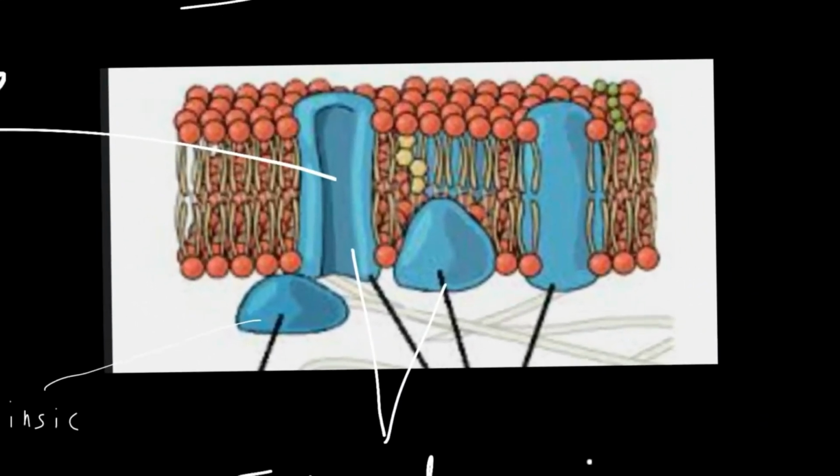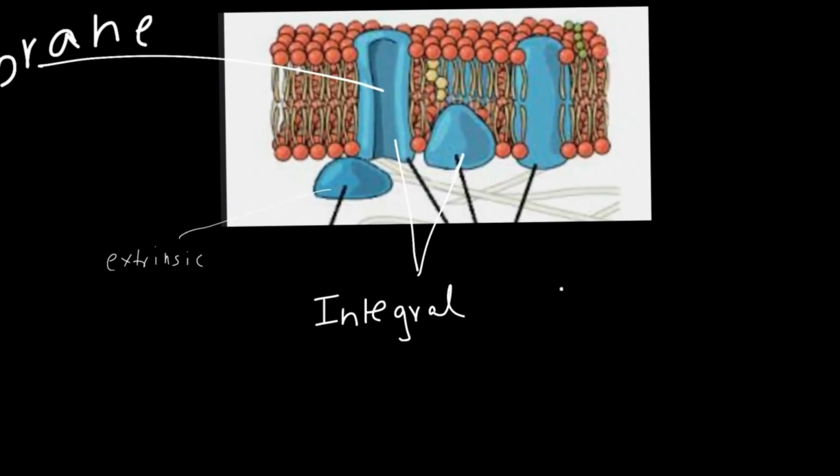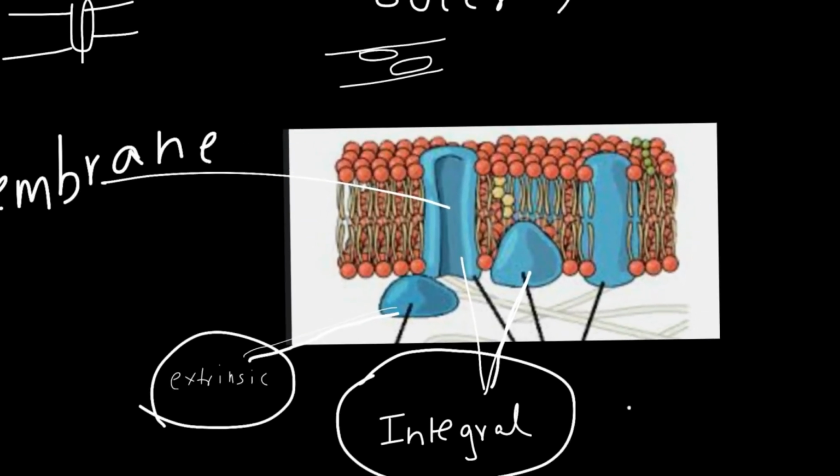I'll show you a picture right here. These right here that you see, these are integral proteins or intrinsic proteins as they're present internally. However, this one right here is an extrinsic protein, and these two are what our syllabus majorly focuses on.